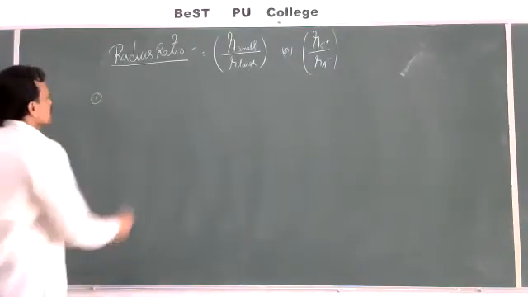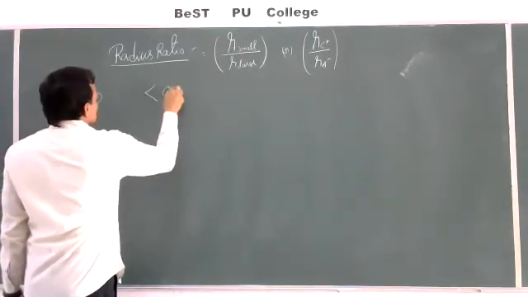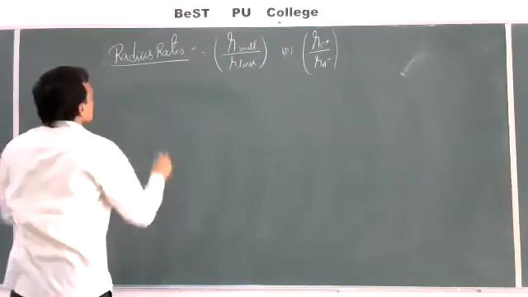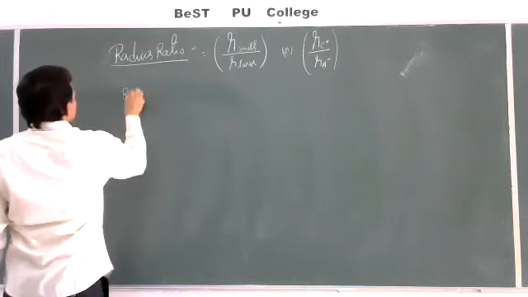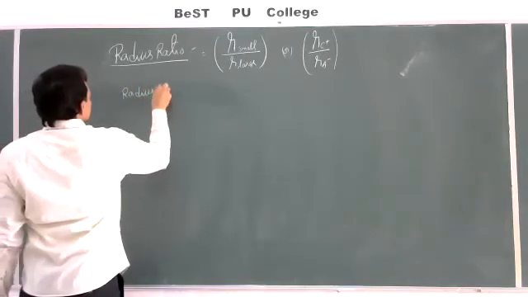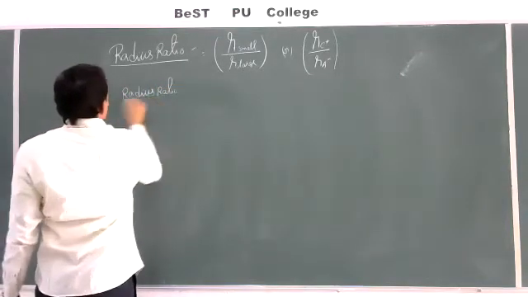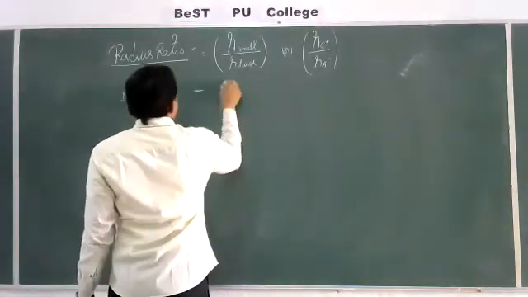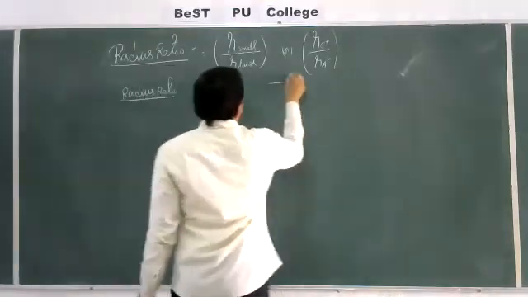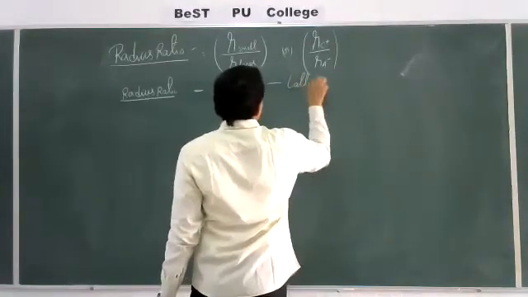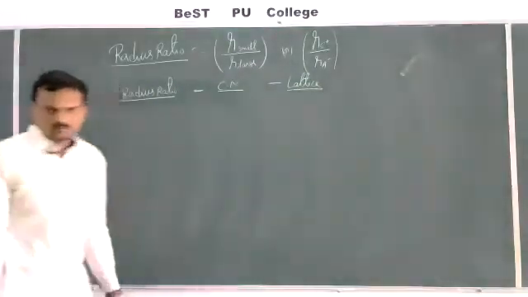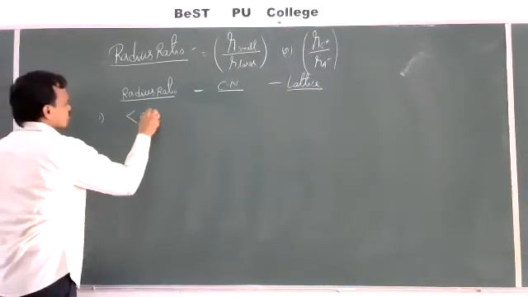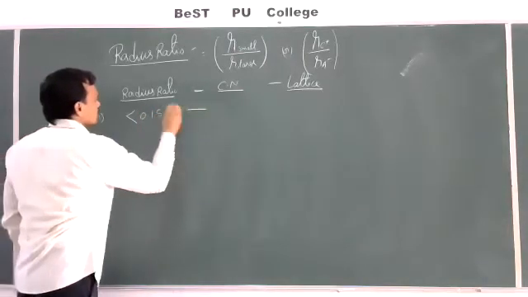First one: the radius ratio, coordination number, and lattice formed.